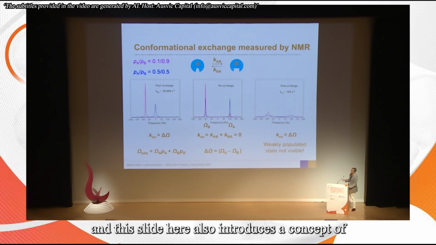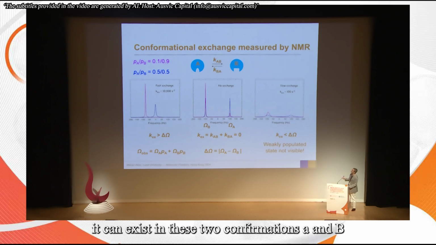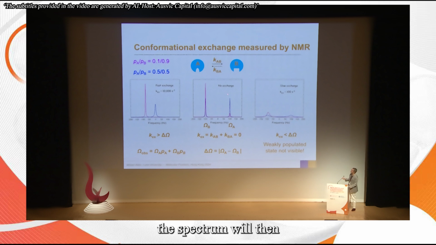And this slide here also introduces the concept of conformational exchange. So if we have our protein and it can exist in these two conformations, A and B, the spectrum will then usually have two different peaks, one from conformation B here and one from conformation A here.